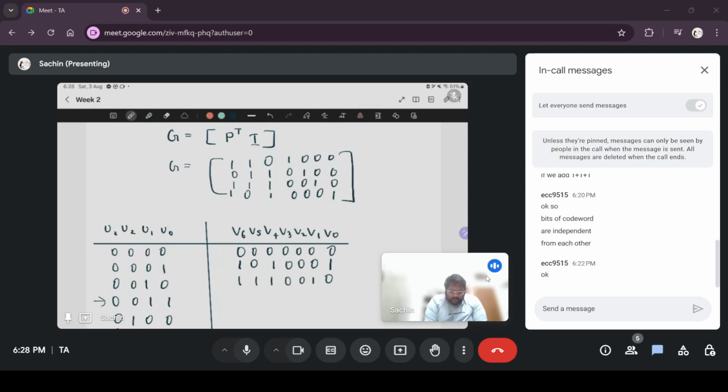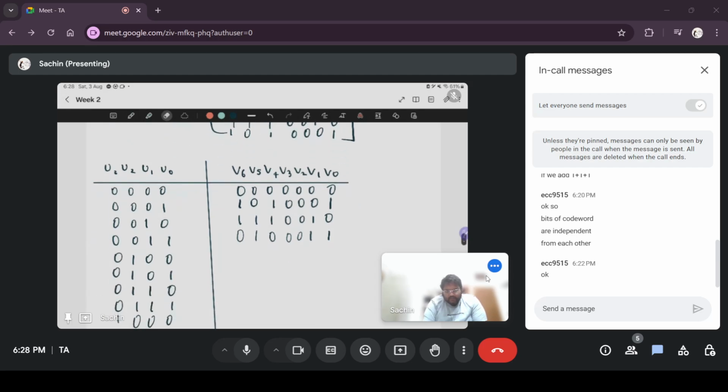So that will be 0100011, right? So in this way you'll have to write down all the 16 code words.